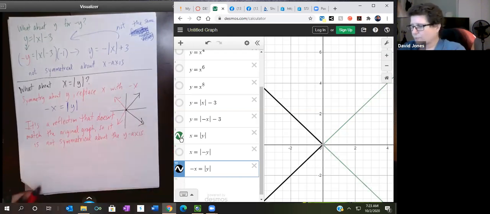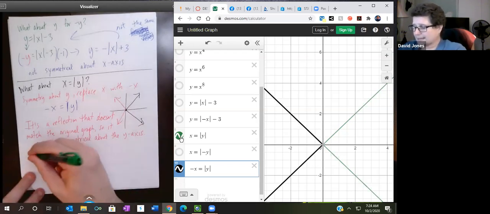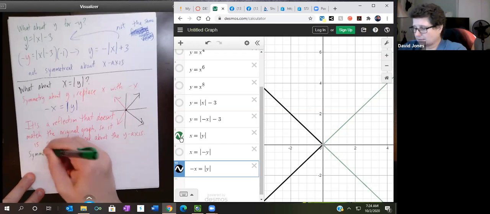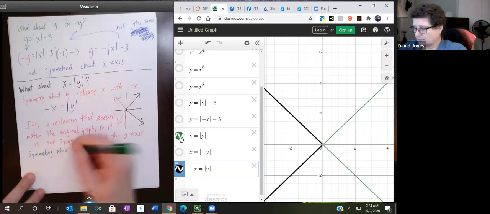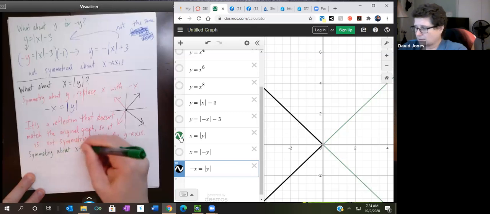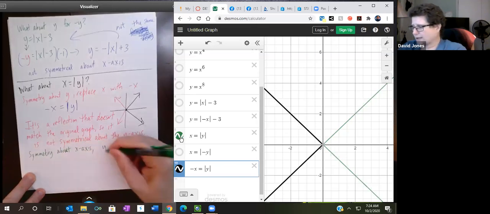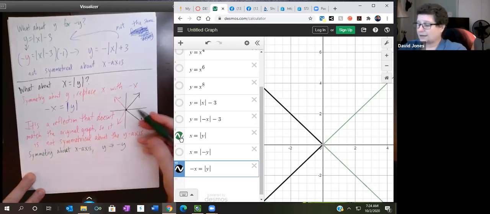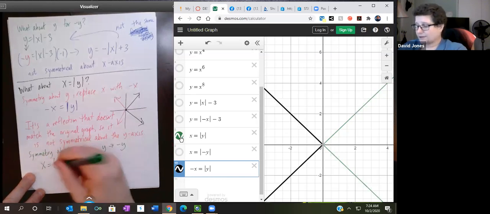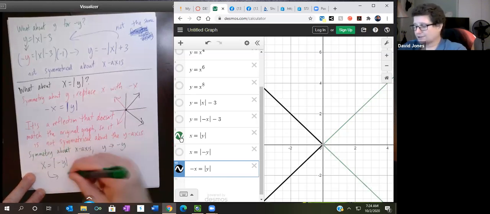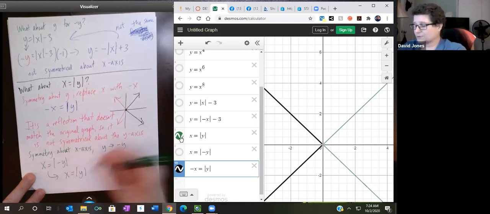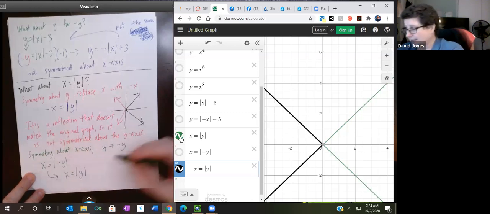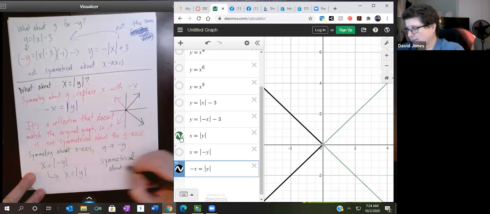But if we look for symmetry about the x-axis, we do y turns into negative y, x equals the absolute value of negative y, that turns into x equals absolute value of y. So back to the original graph, it's symmetrical about the x-axis.